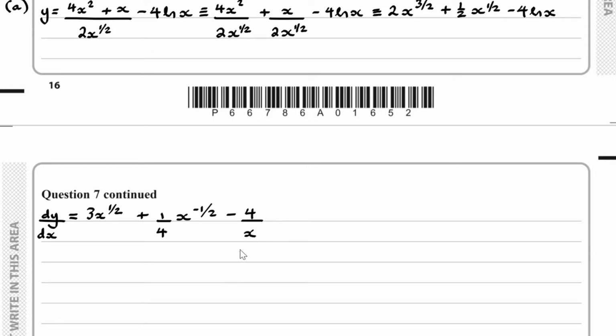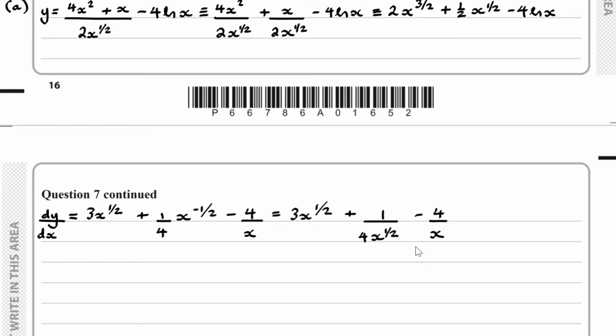So if we were to tidy this up a little more, we can see here that, well, we'll leave the 3x to the half alone. The 1 over 4 x to the minus 1/2 we can rewrite as 1 over 4x to the power of 1/2, and then we subtract off 4 over x.